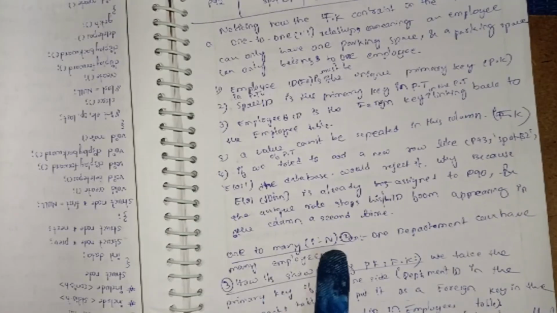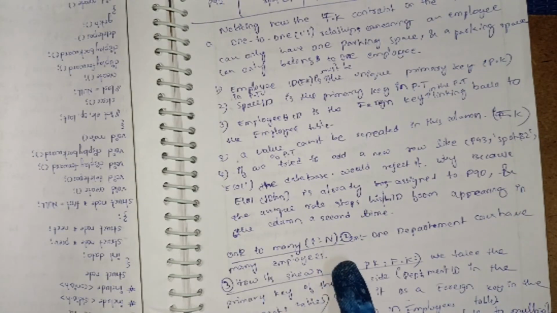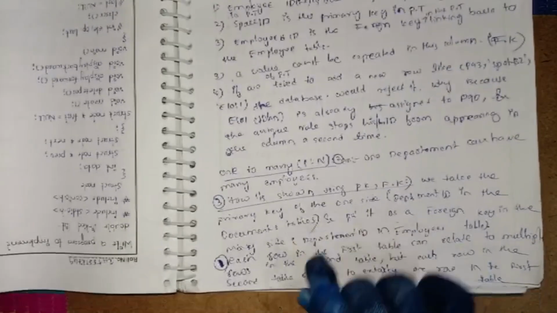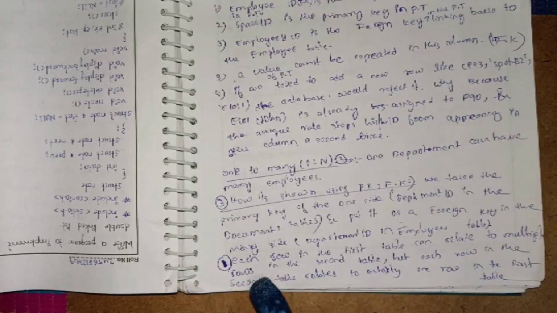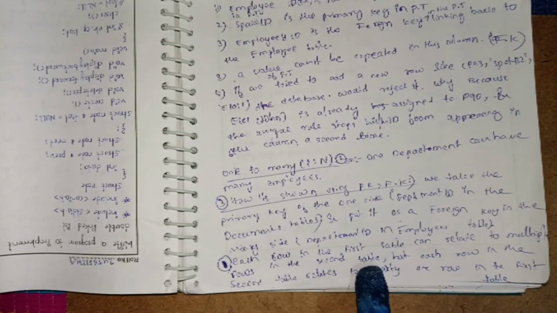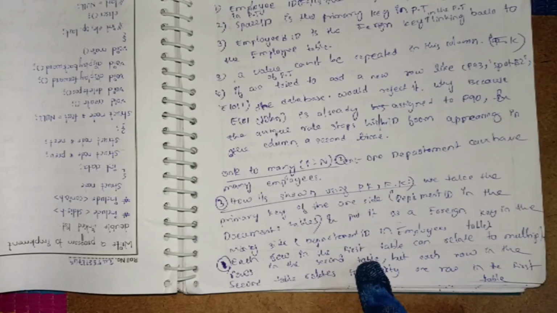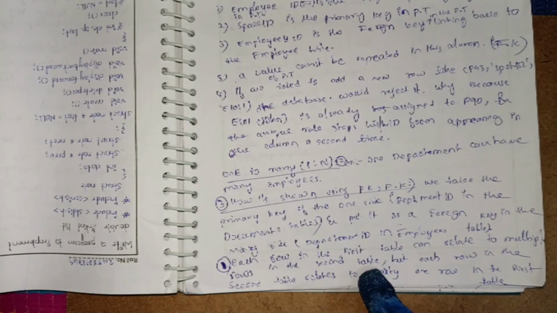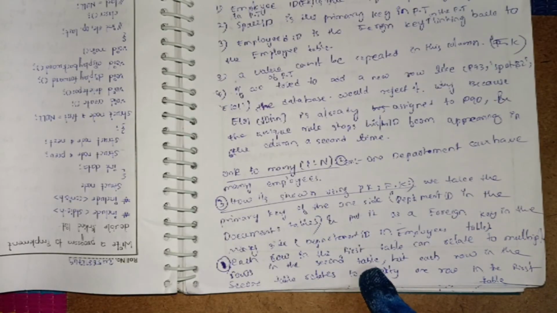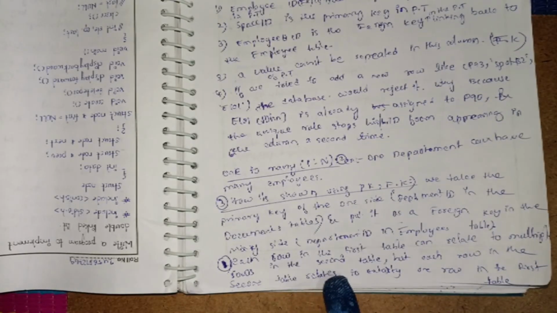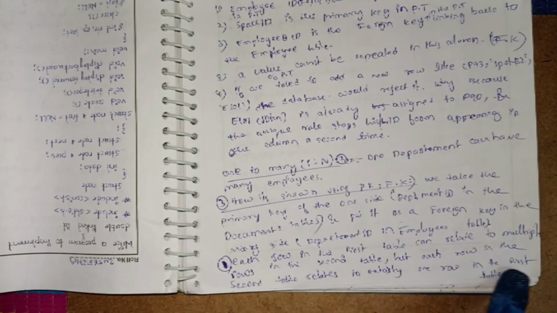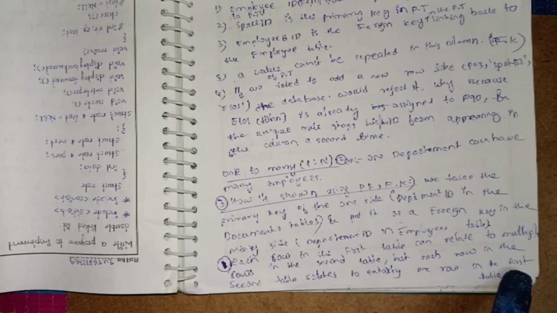And one to many, 1:n. Each row in the first table can relate to multiple rows in the second table, but each row in the second table relates to exactly one row in the first table.